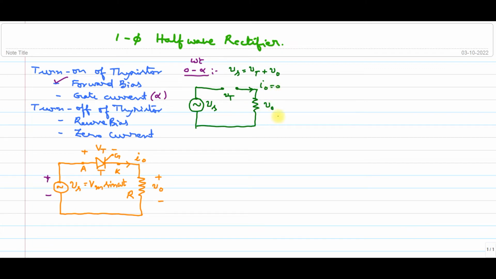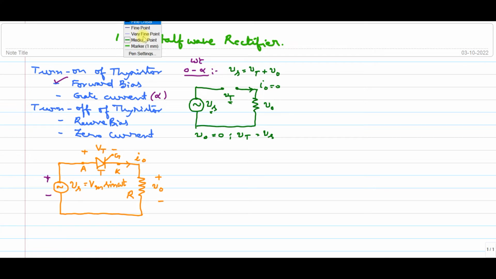As I0 is 0, V0 will be 0. Then Vt will be equal to Vs. So let me write these two things here: V0 equal to 0 and Vt is equal to Vs. Very simple. It is from omega t equal to 0 to alpha in positive half cycle.